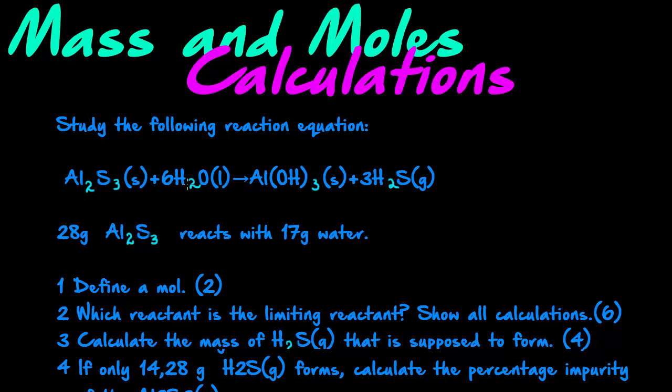We can just call that water, or dihydrogen oxide, and then this is hydroxide. Okay, so this is aluminium trihydroxide, because there's 3 of them, plus 3 H2S, which is dihydrogen sulfide.